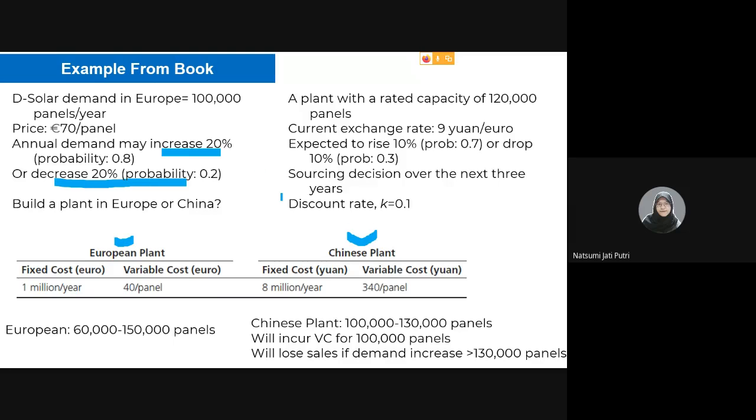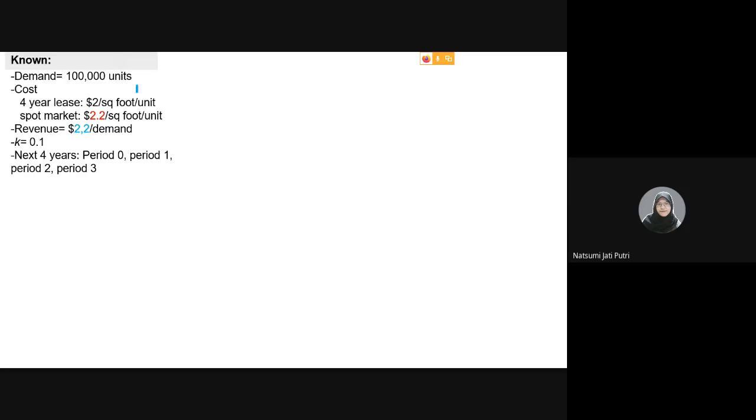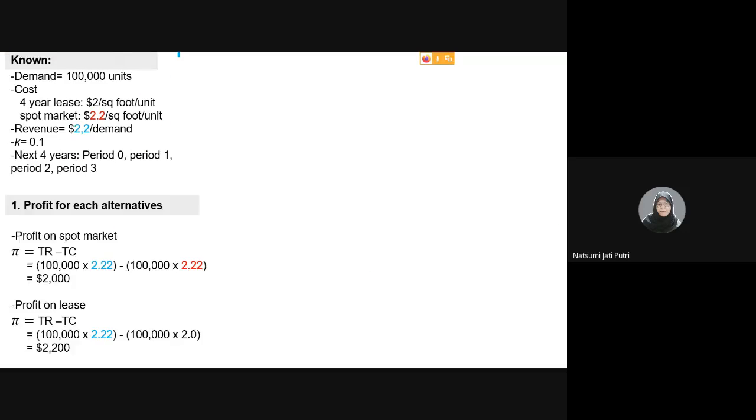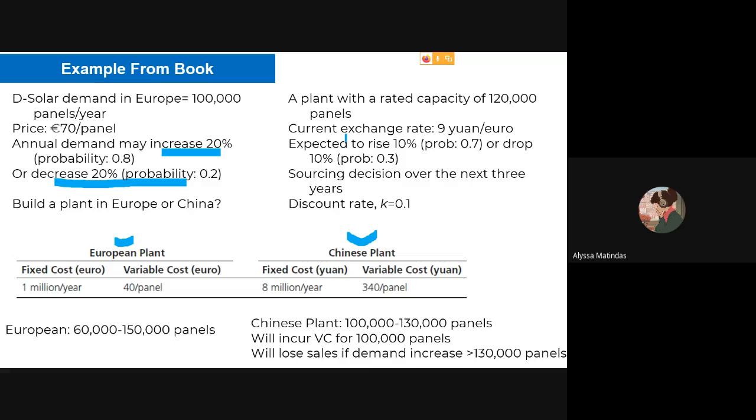Tapi kalau di soal ini, nggak ada probability bakal naik atau turun. Jadi yang diketahui cuma segini doang. Kalau yang kayak gini, kita bisa langsung pakai discounted cash flow aja. Masih bingung nggak? Kalau masih bingung nggak apa, tanya aja. Jadi kalau pertanyaannya nggak ada probabilitas apa-apa, pakai discounted cash flow.